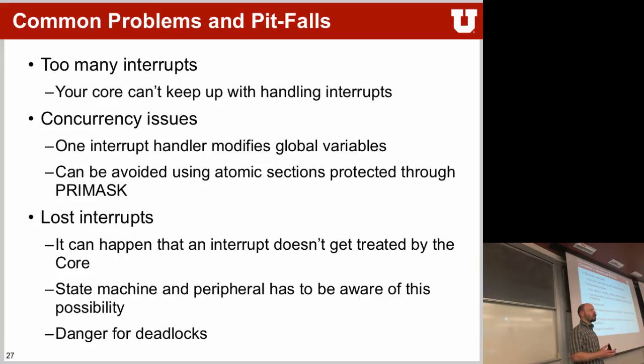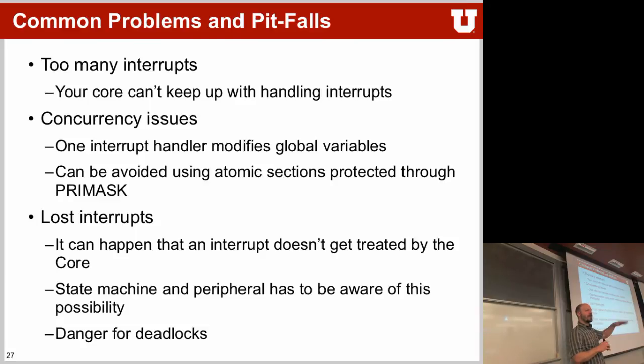If a global variable is stored somewhere in memory, remember what happens if you add 1 to a global variable? Well, you first load the value into a register, increment the register, and write it back. So what happens if we loaded the register, we go into the interrupt service routine, the interrupt service routine now modifies that same memory location, we come back into the original code, and we now store that old value back into that global variable, right?